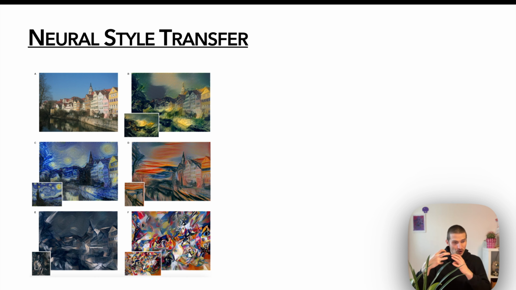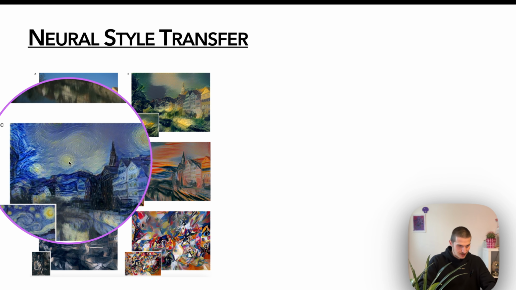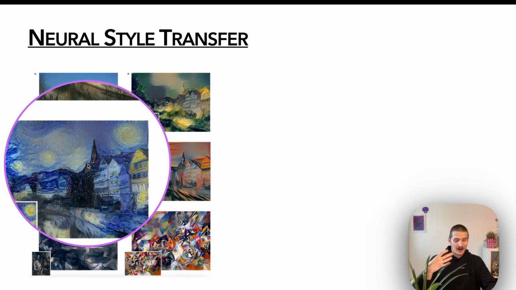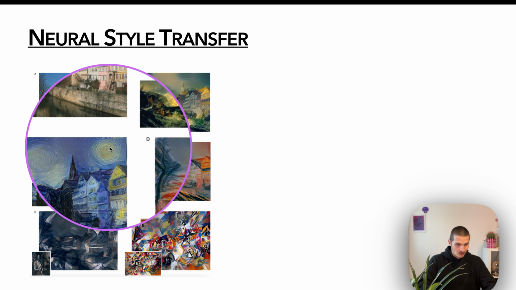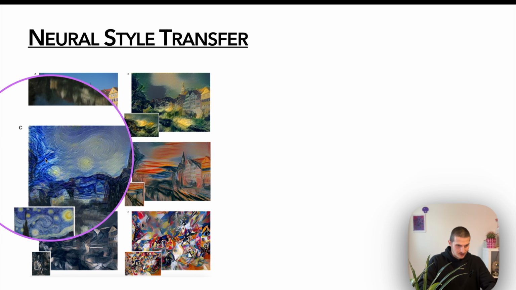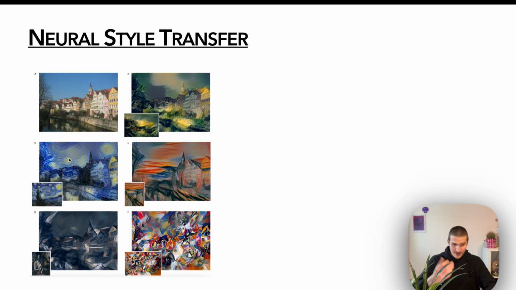So we get the geometry and overall positions of the objects and what objects there are from the content picture, and then the stroke and maybe texture, paint style. And if we take deeper levels from the style image as well, we get overall high level objects as well, but they might be located at different places.